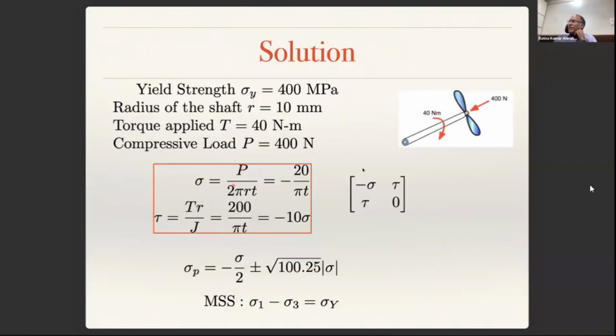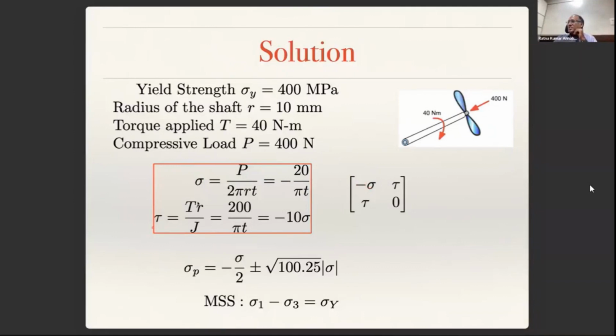When you are calculating area, that area should be the hollow section area. That will be 2 pi r times T. So that will be minus 20 by pi T, because T becomes a variable here that we need to evaluate. Are you doing it that way? You should note that this is a compressive state of stress and you have to have a negative sign there. That is very important.